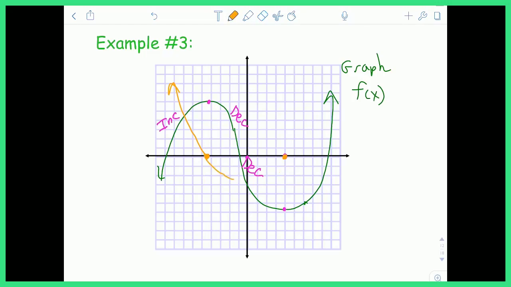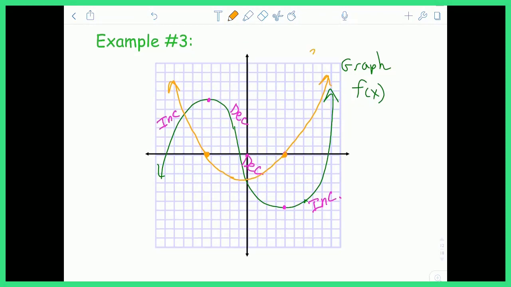So I'll go like that, and then we're going to go back up. So I'm negative there, and then I switch to increasing, which means a positive derivative. So this is just one graph of f prime of x, just eyeballing what I think would be a good representation. But those x-intercepts are very important.